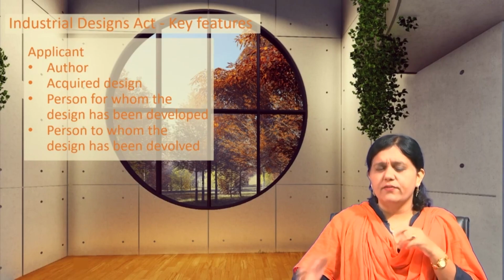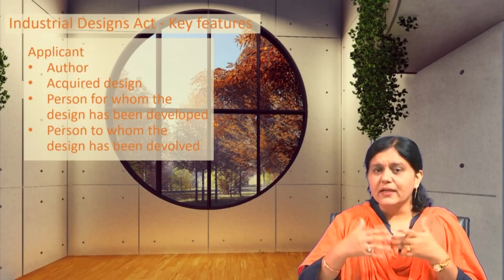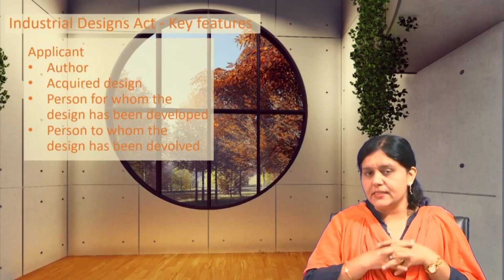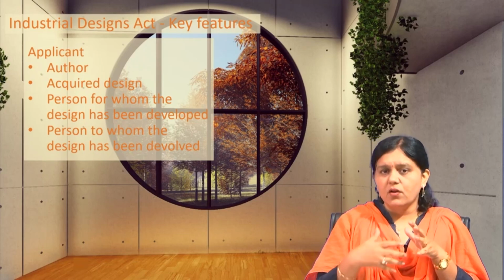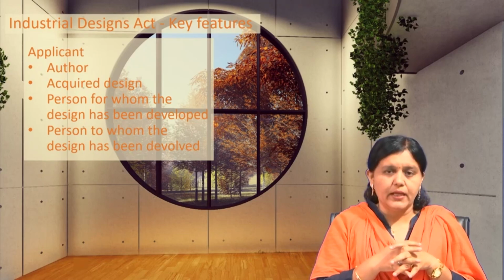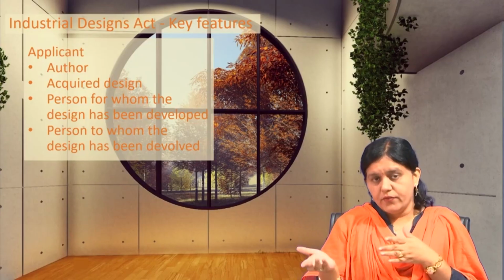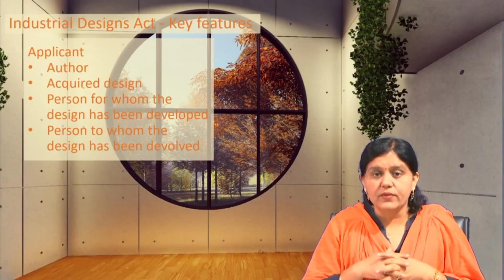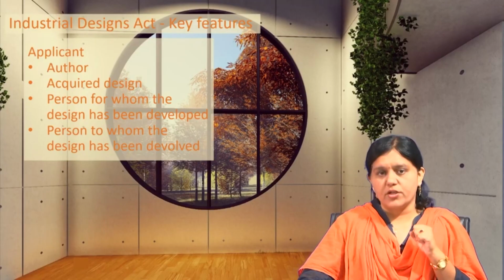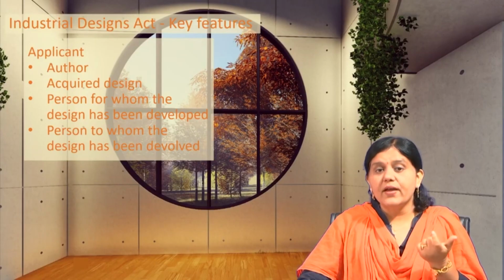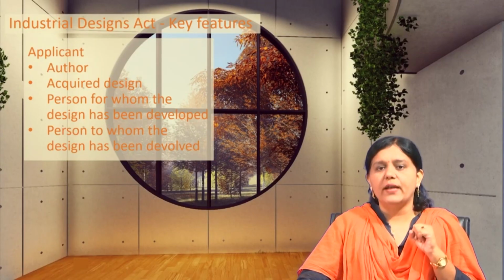In case there is more than one author, an author is like a creator who has developed that design. If there is one author, obviously he will be the applicant and he can make the application, and if more than one individual is involved in the development of that design, there will be joint authorship. Okay, then second we have seen, that is an acquired design for valid consideration.